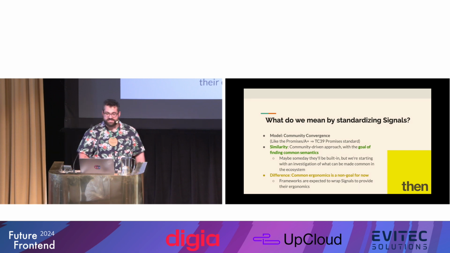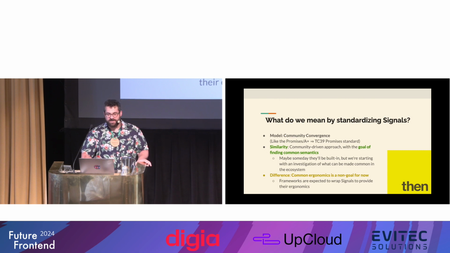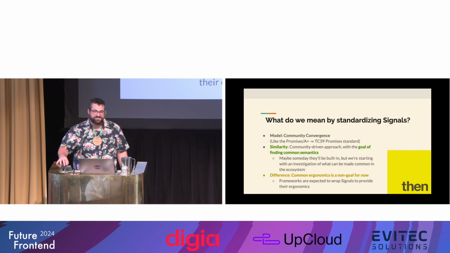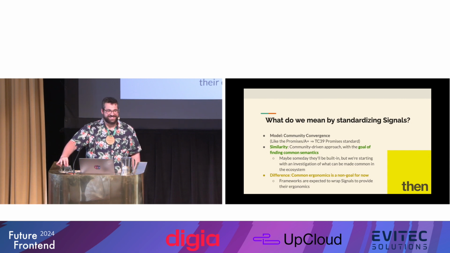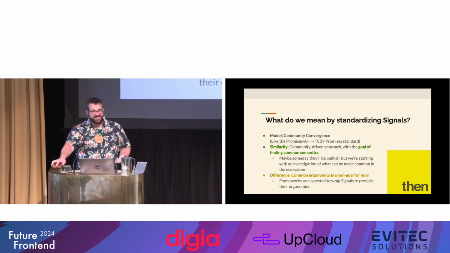So what does it mean to standardize signals? There was a project more than 10 years ago at this point called Promises A+. And that project was about standardizing promises. So how many people here have heard of promises? Okay, everybody, or almost. So great.